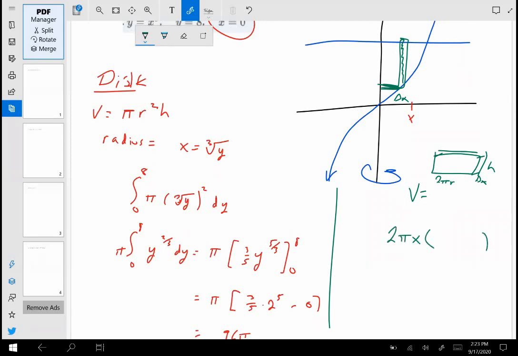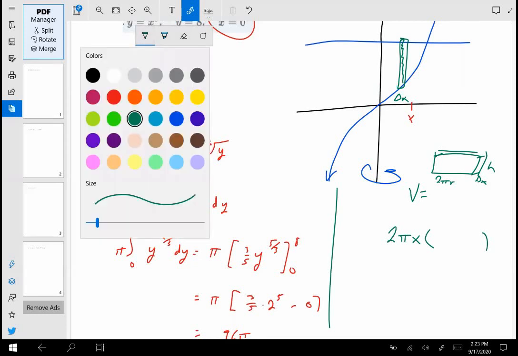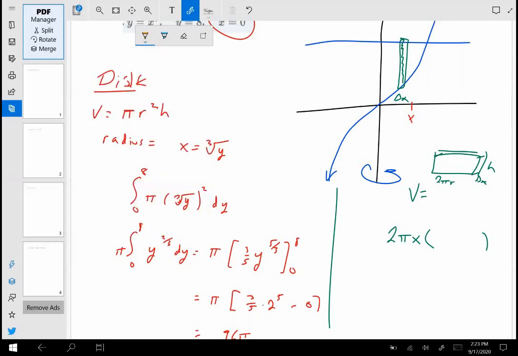Now we need to think about the height. Okay? The height of that rectangle is determined by what? Yeah, because it goes from up here, and the bottom of the rectangle is wherever it hits that graph.